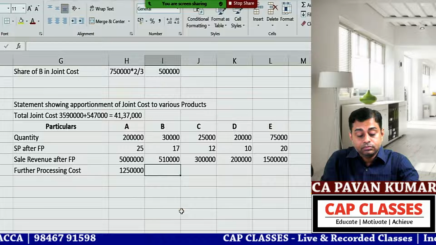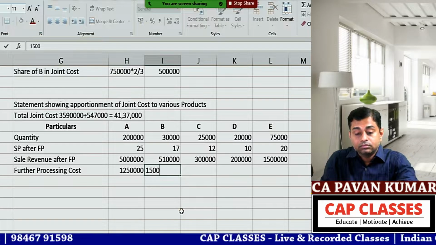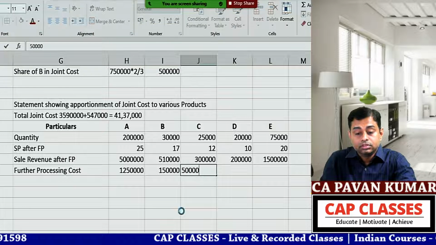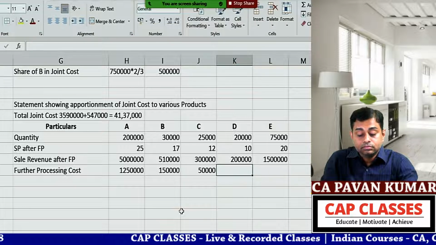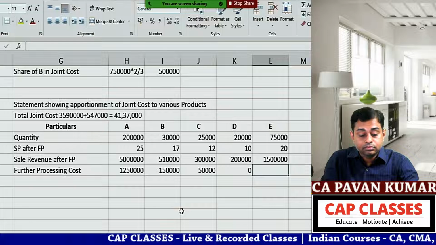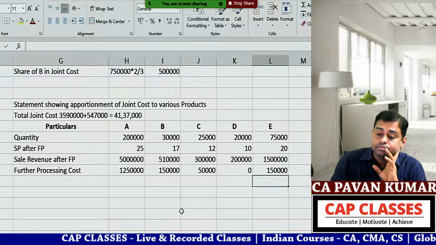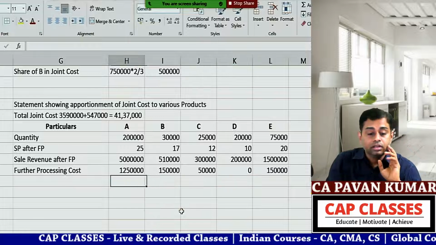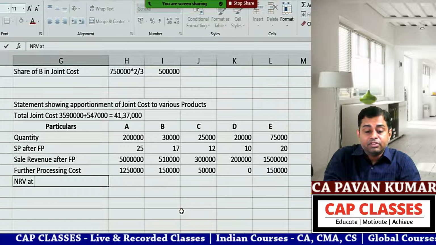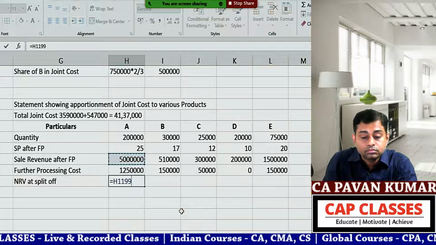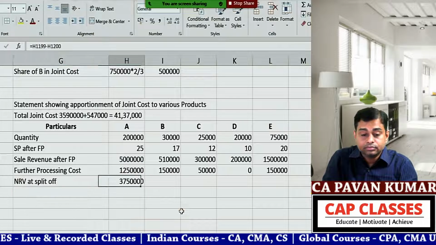B, 1,50,000. C, 50,000. D, nil, sir. E, 1,50,000. Okay. So can you tell me the net realizable value at split off, this minus this?